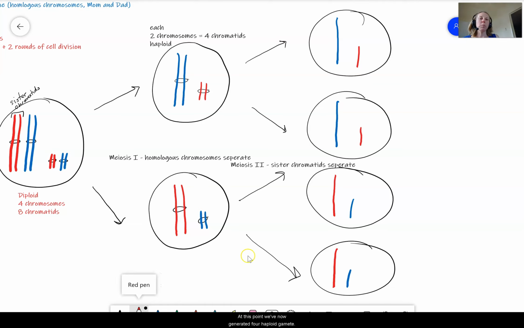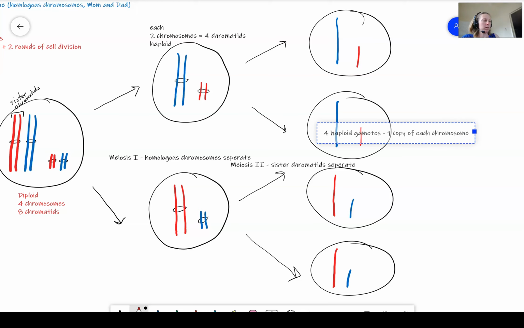At this point, we've now generated 4 haploid gametes. Each gamete is going to have 1 copy of each chromosome. So this could be either the maternal copy, the copy that came from the mom, or it could be the copy that came from the dad.